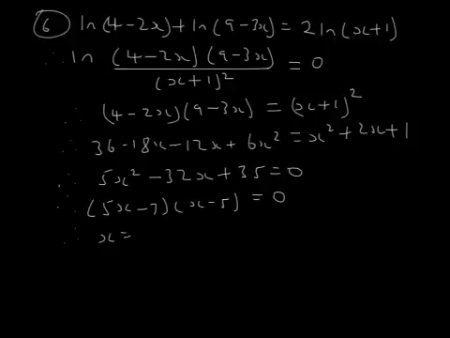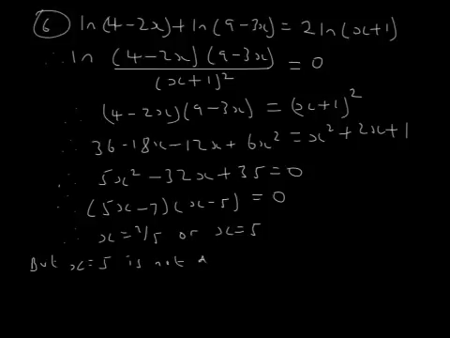So therefore x is 7 over 5 or x equals 5. But x equals 5 is not allowed because ln is only defined for positive numbers, and anyway we were told x is between minus 1 and 2. Therefore x equals 7 over 5.